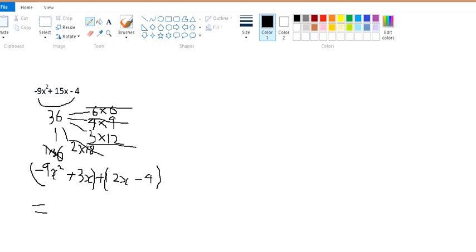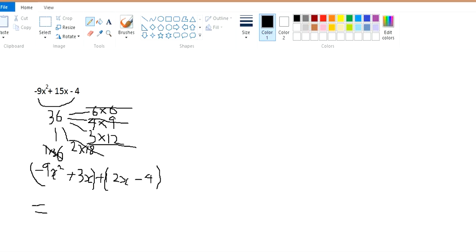So let's factor negative 9x squared plus 3x. Taking a look at this, we can see that we can take out a variable x, and we can also take out 3. In this case, let's try to take out the negative sign.